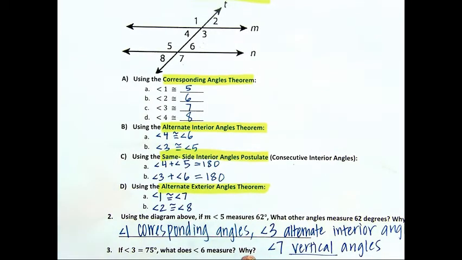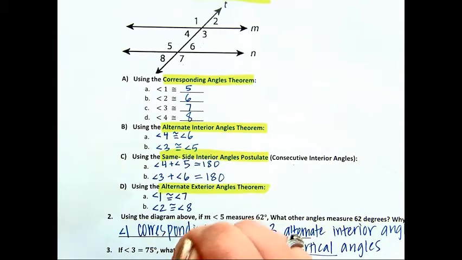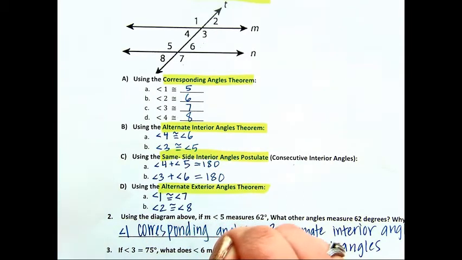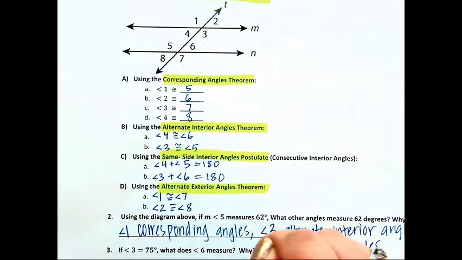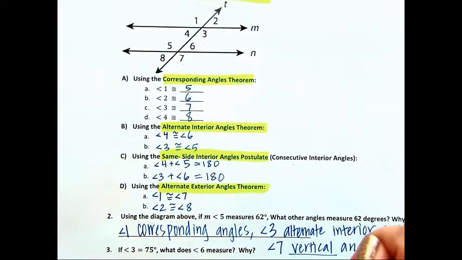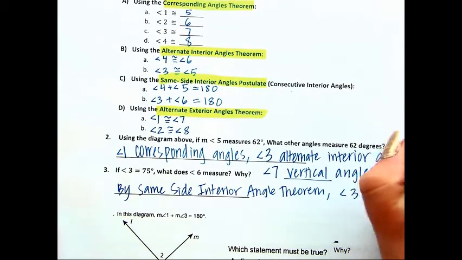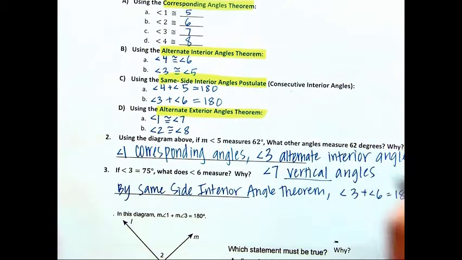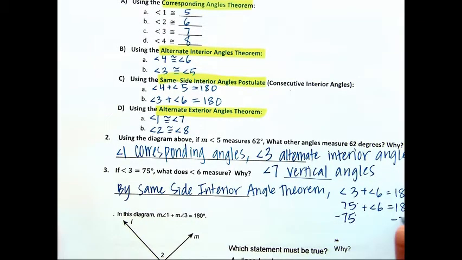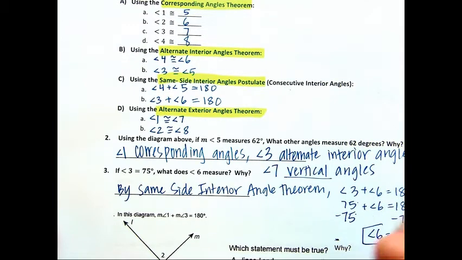So by the same side interior angle theorem, angle 3 plus angle 6 equals 180, and since angle 3 is 75, 75 plus angle 6 will equal 180. Subtract 75 degrees from each side, so angle 6 equals 105. That's the measure of angle 6.